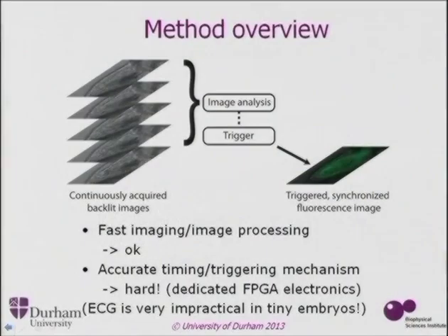We can do this by doing the image analysis and some special dedicated electronics. You could do this with an electrocardiogram by putting a wire inside the heart, but when the heart's only got about 200 cells in it and it's beating, it's not easy to do that.